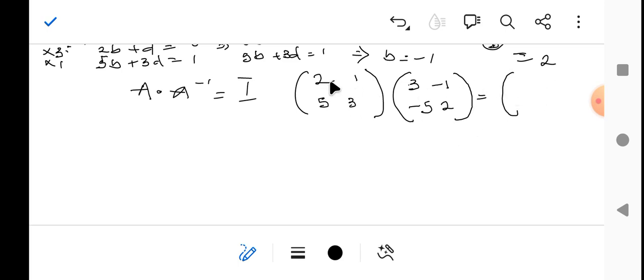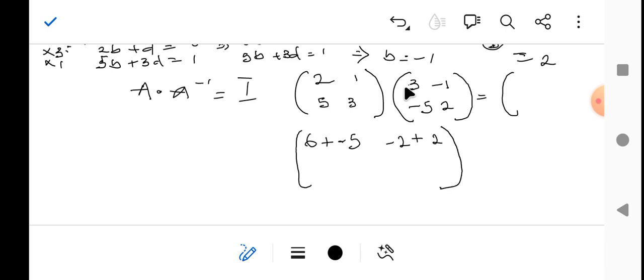So we have 2 multiplied by 3 should give us 6. Then plus 1 multiplied by 5, which is minus 5. Then for this entry over here, we have 2 multiplied by minus 1. This is minus 2 plus 1 multiplied by 2, this is 2, right?